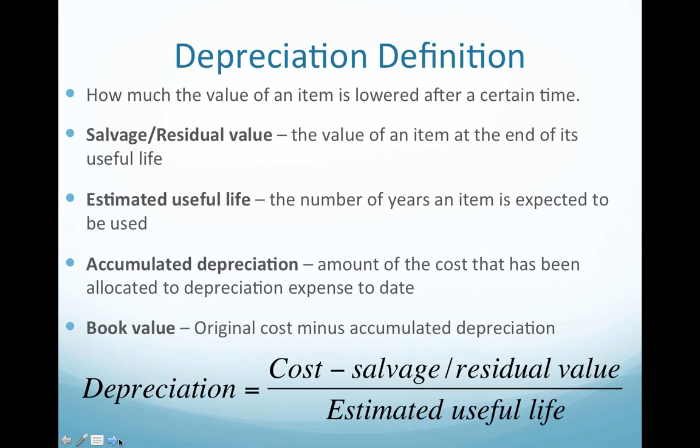Okay, and then we can figure out what the depreciation is by taking the cost, what we paid for it, subtract out the salvage value, and then divide it by the estimated useful life, and that'll tell us how much we can depreciate for each year. Now, we depreciate it each year because the IRS, when you're running a business, won't let you write off an entire building or write off a large ticket item like a piece of equipment that first year.